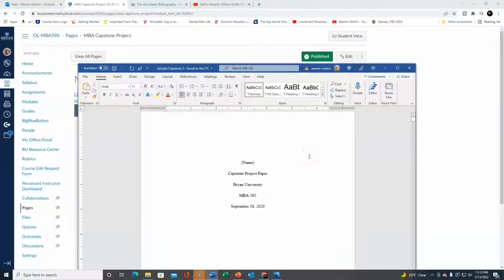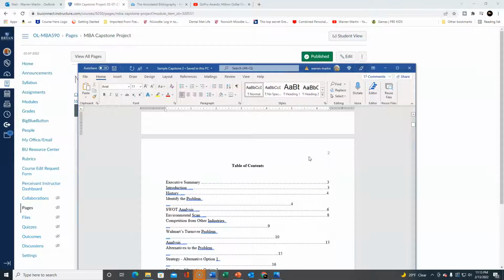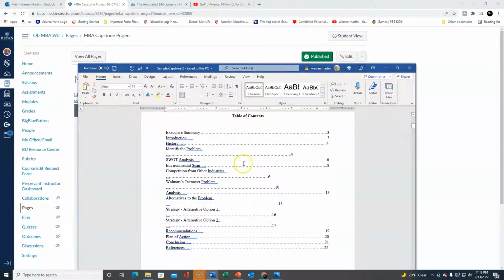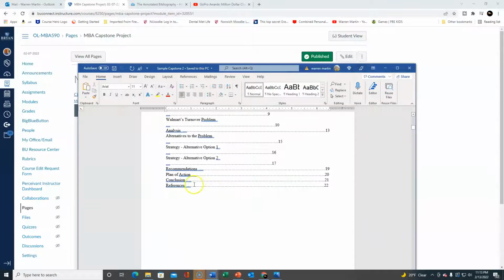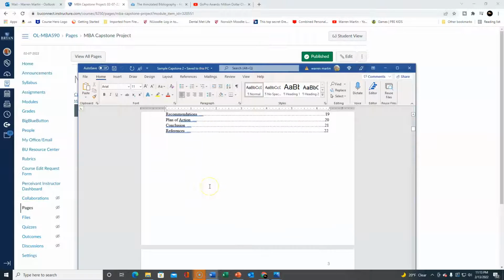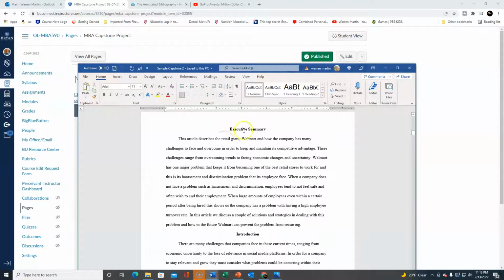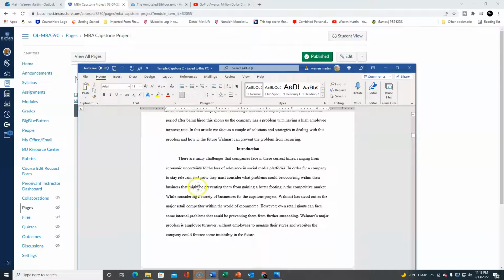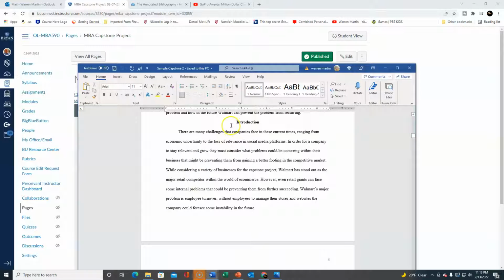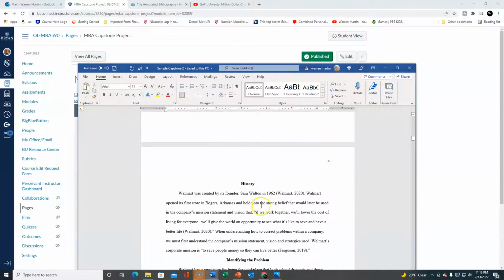So, a title page, then the next page is supposed to be the table of contents. This particular one is not formatted correctly, I should say, so what I show you here may not necessarily be formatted correctly. This student did an executive summary, but then you have the introduction, and the introduction is basically telling the reader what you're going to tell them in the rest of the paper.